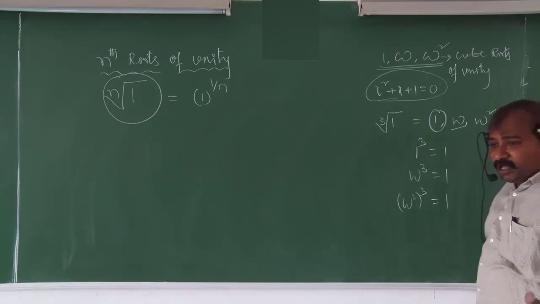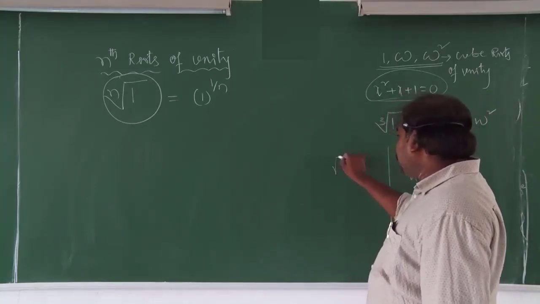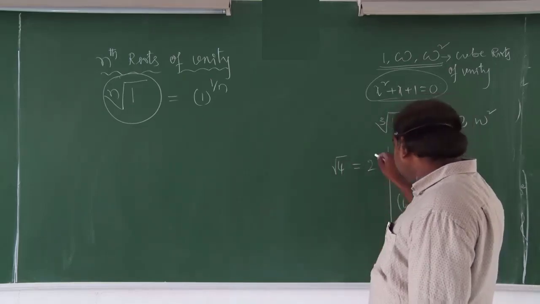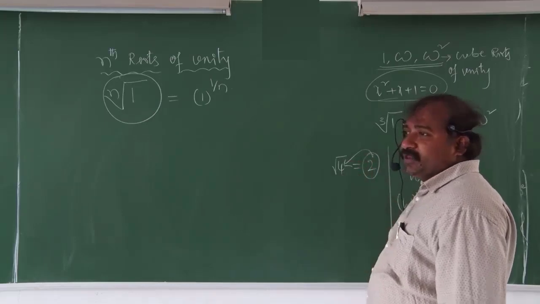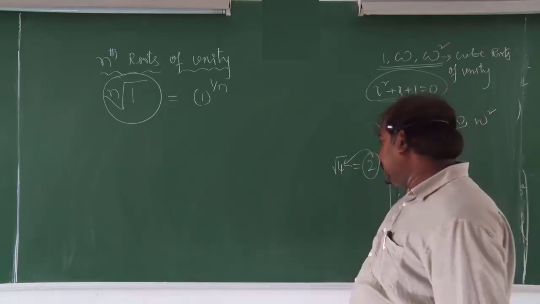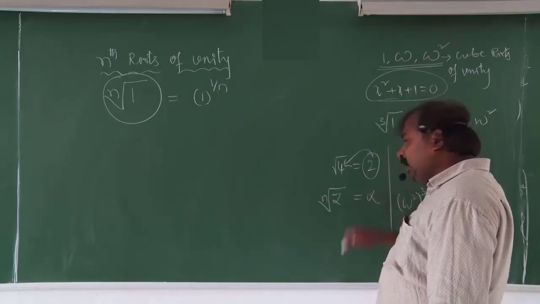Okay? Square root of a number, in general concept, square root of 4 is equal to 2. What does this mean? If you square this value, you will get this number. Same here also. For example, the nth root of a complex number is equal to alpha.